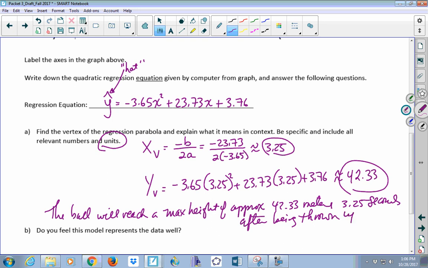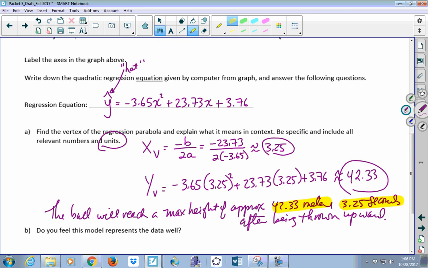Now, we may all write the sentence differently. That's the wonderful thing about the human being. Again, what's important is you will see 42.33 meters somewhere in your sentence. You'll see 3.25 seconds in your sentence.